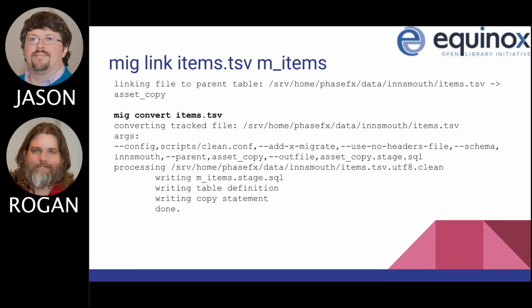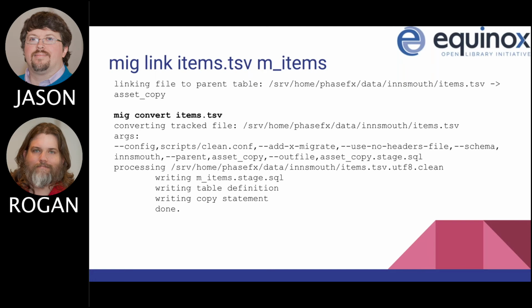And when it creates the SQL file for staging, it knows to load the columns from items.tsv into those L underscore columns in M items. So it just takes care of all that for you. Super easy. And you can see the MIG convert command there where you follow up from MIG link and you actually create that SQL file.